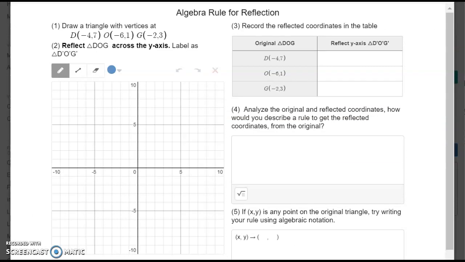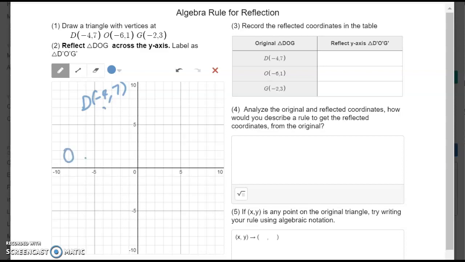Okay, so again we're going to do DOG. D is (-4, +7), which is right here. Okay, O is (-6, +1).